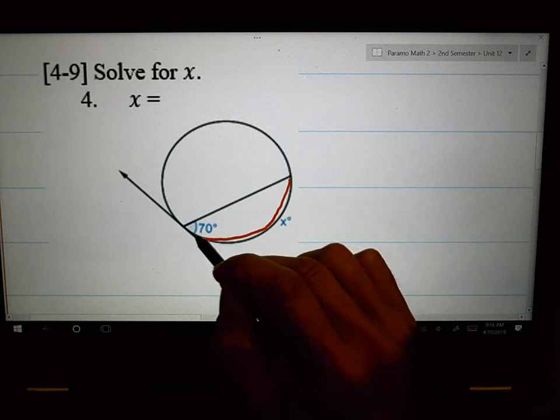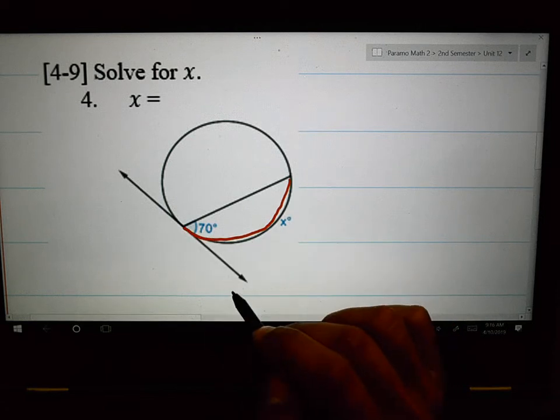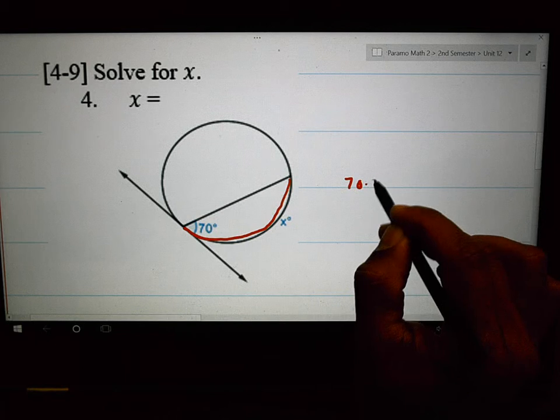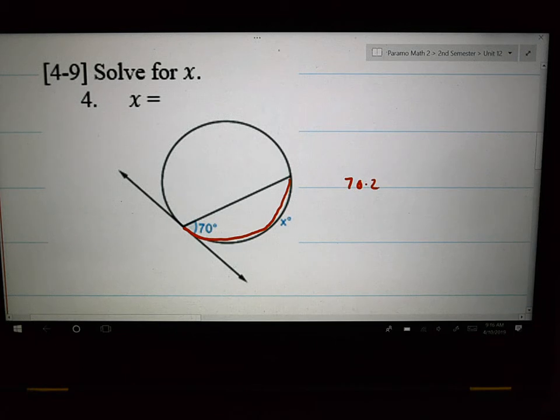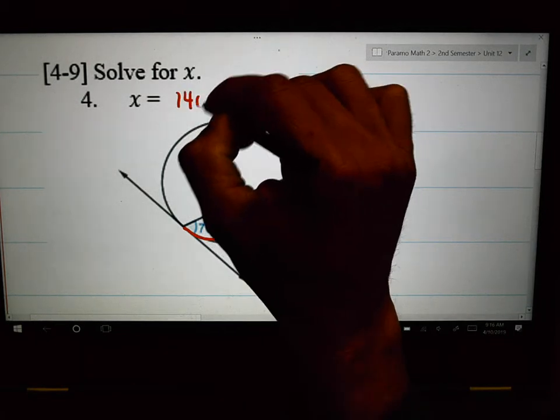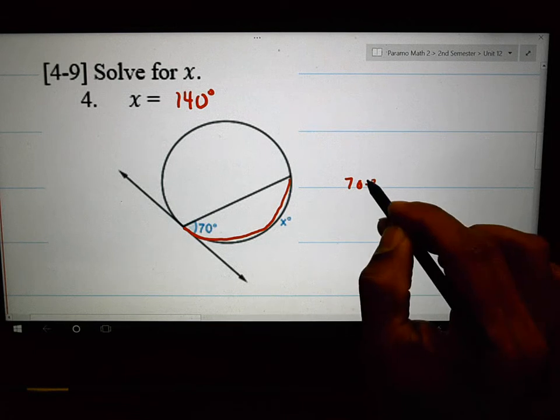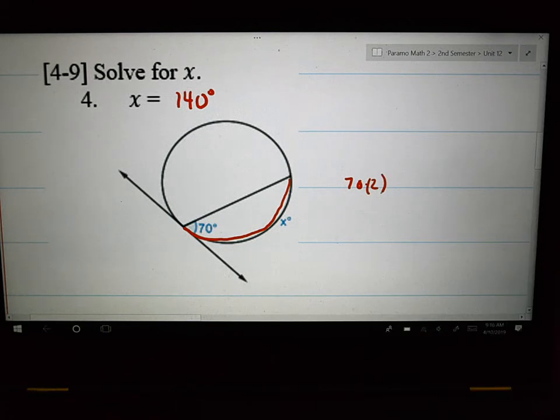Sometimes you can think about it in terms of half. Sometimes you might just want to double it. I would do 70 times 2. X is going to be 140 degrees, because half of 140 is 70. It works.